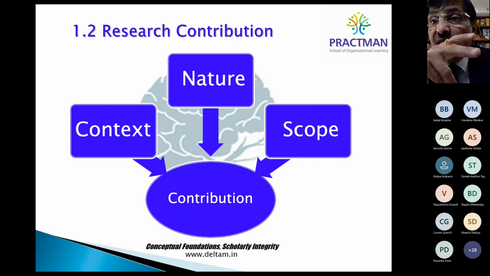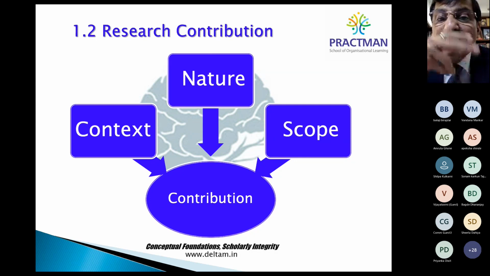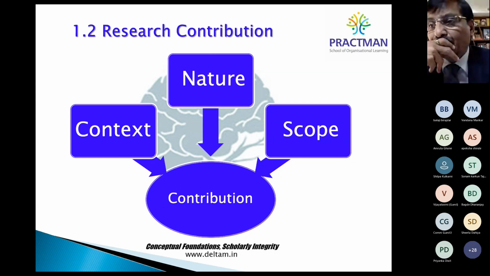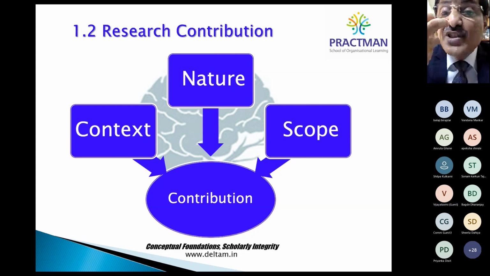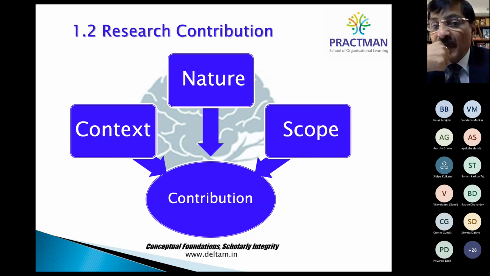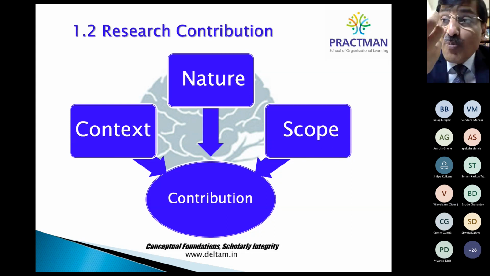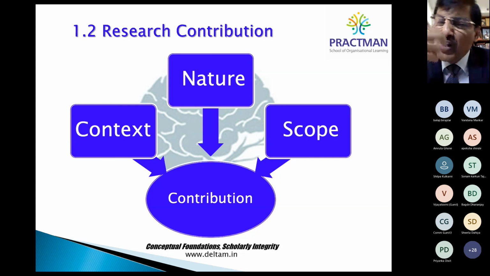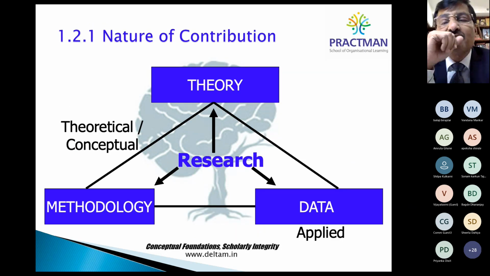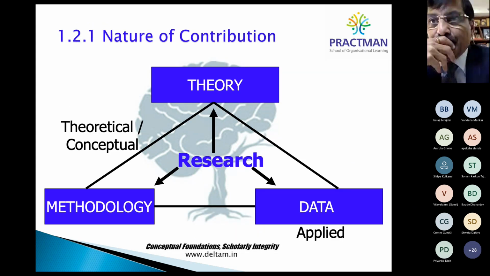You can understand what kind of contribution that research is making. What is the nature of contribution? What is the scope of contribution? What is the context of contribution? We'll go into details of each one of these. Let us start with the nature of contribution.